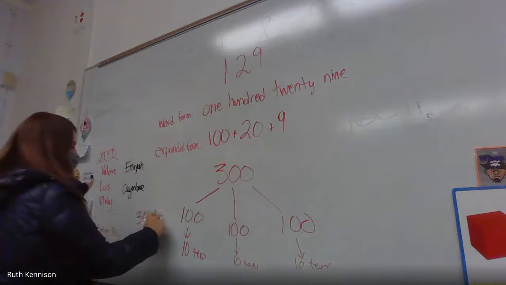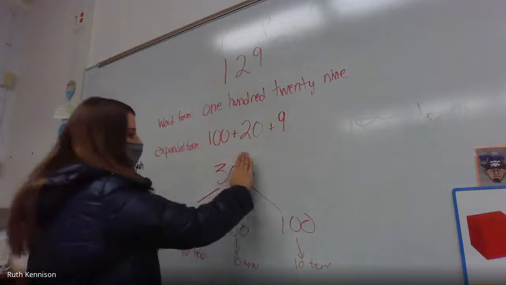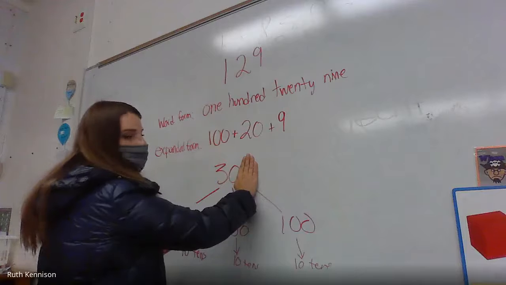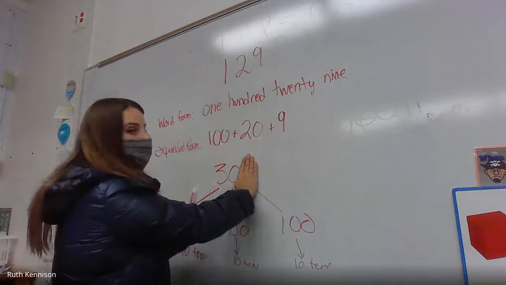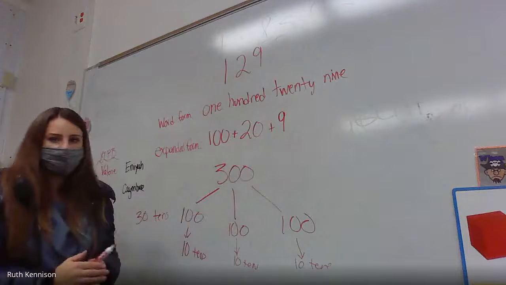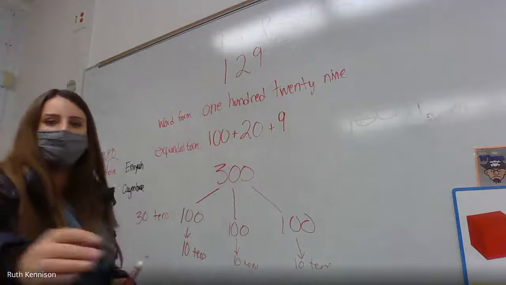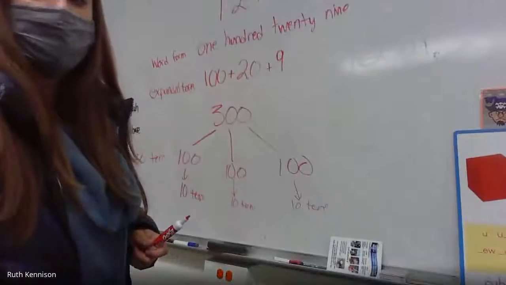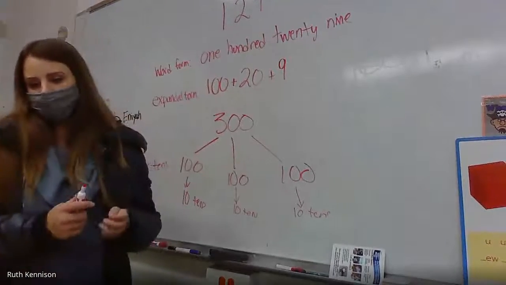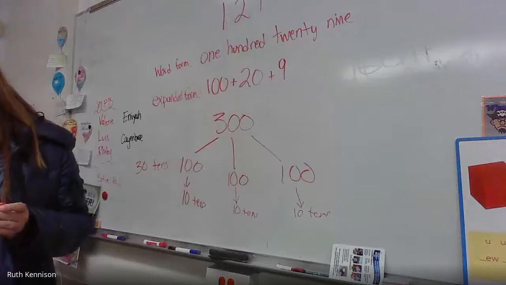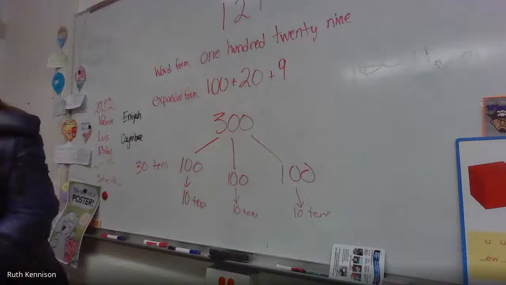I can also cross out the 0 because I'm doing tens, and it tells me 30 right there. Minds are blown. So that's kind of like what you're going to be doing on numbers 1 and 2.